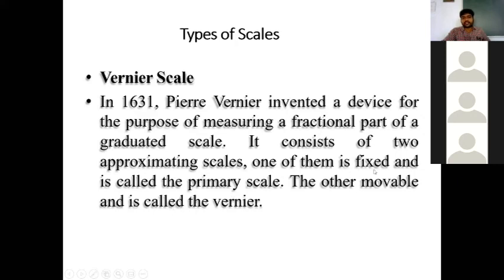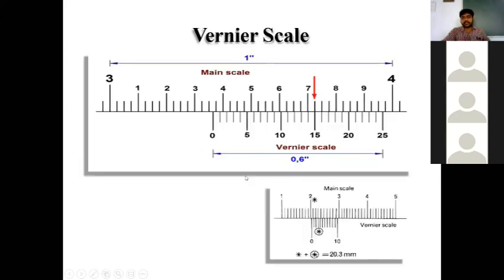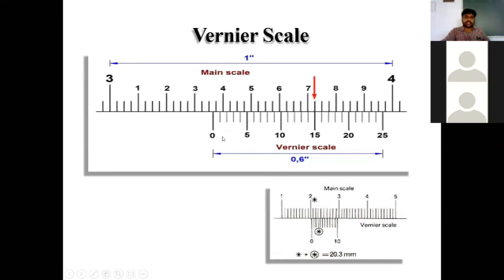One is fixed, and that is called the primary scale, and the movable scale is the vernier scale. So this is the main scale, which is fixed. The movable scale, the bottom one, is your vernier scale.